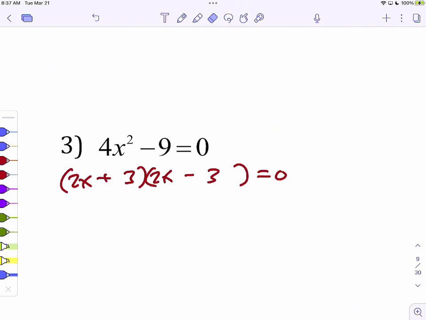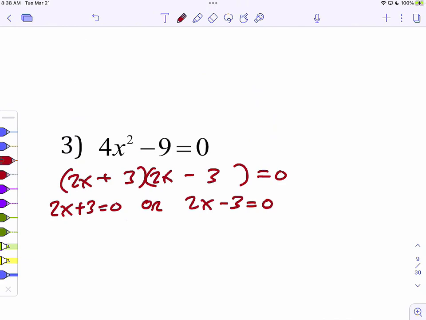This one, by the way, could be solved by square roots. I could have added the 9, divided by 4, and done the square root of both sides. This way is actually easier in this kind of problem. One of the reasons it's easier is when you move the 9 over and divide by 4, you get a fraction that doesn't simplify, so that complicates things.